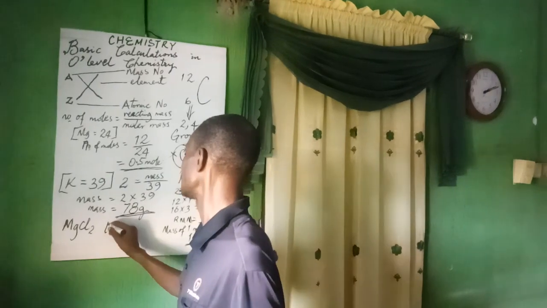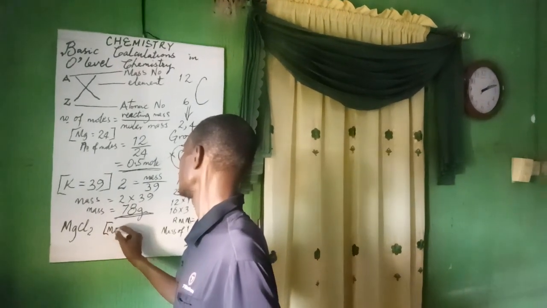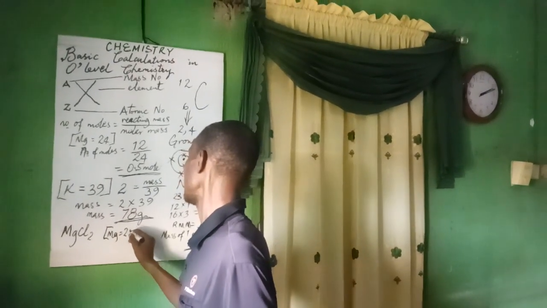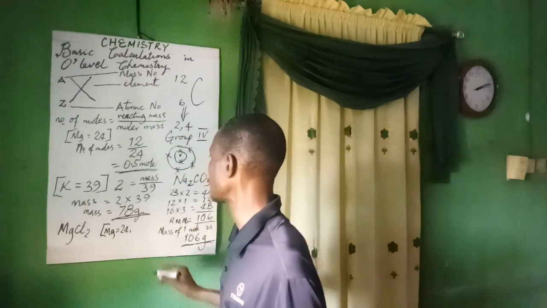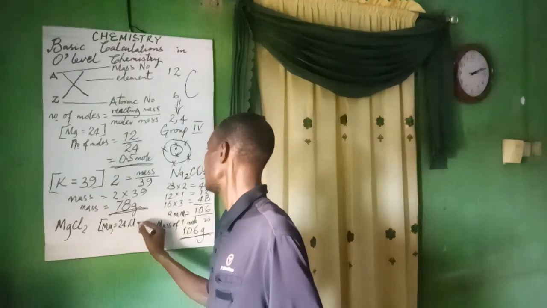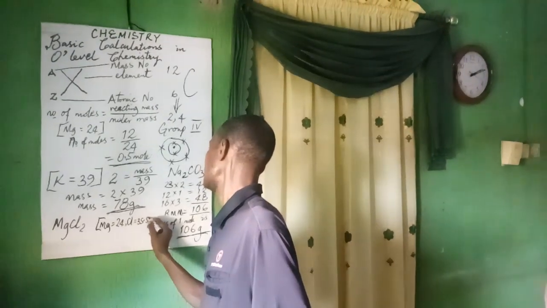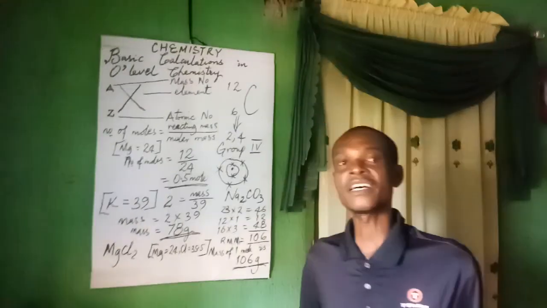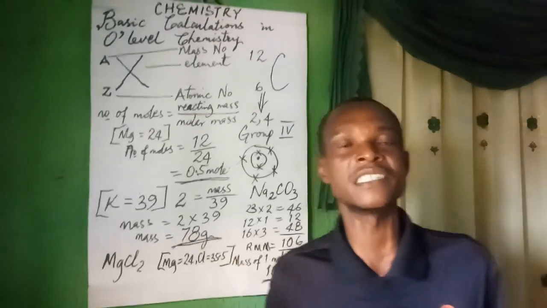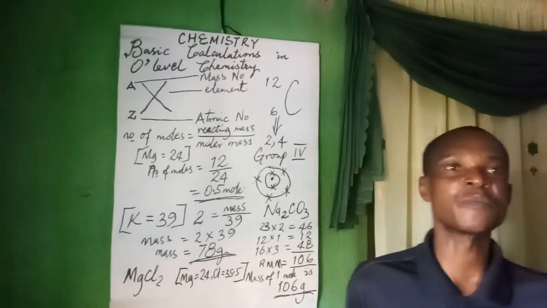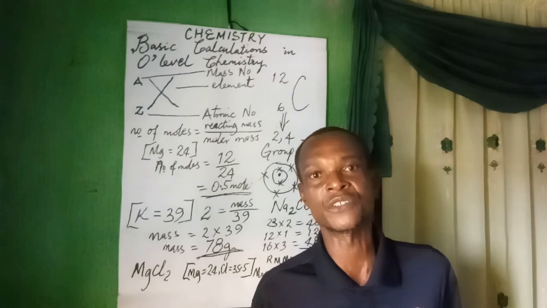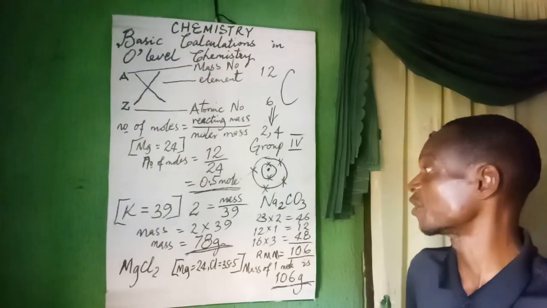We have magnesium having 24 as its relative atomic mass, and chlorine having 35.5. If you have studied isotopes, you will understand why certain relative atomic masses will appear as decimals. So chlorine is 35.5.